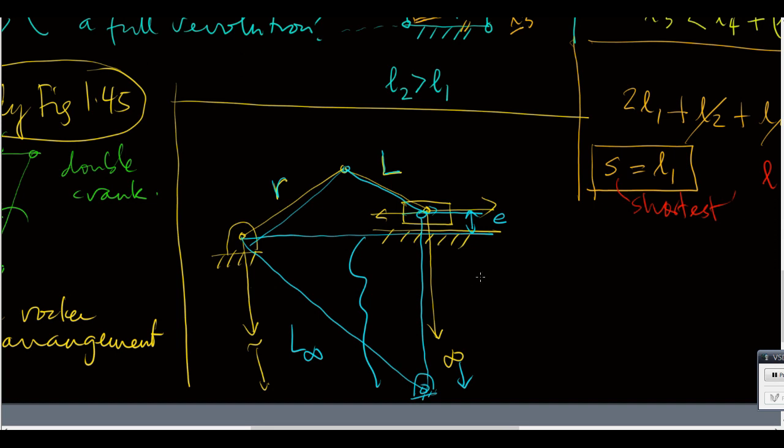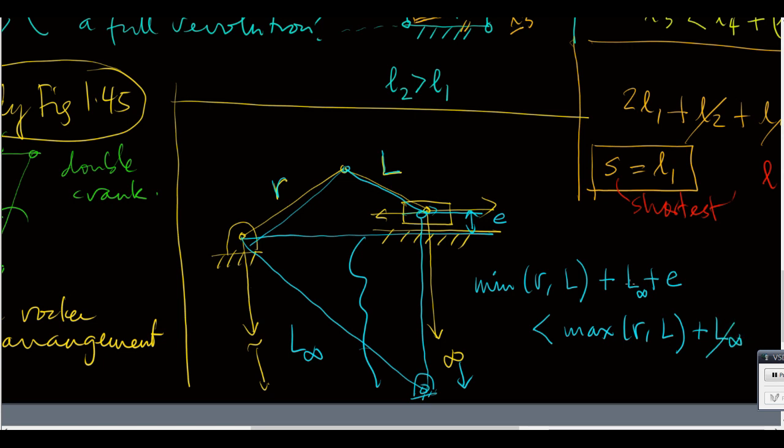So I have the minimum of R and L, plus L infinity plus E, should be less than the maximum of R and L, plus L infinity.